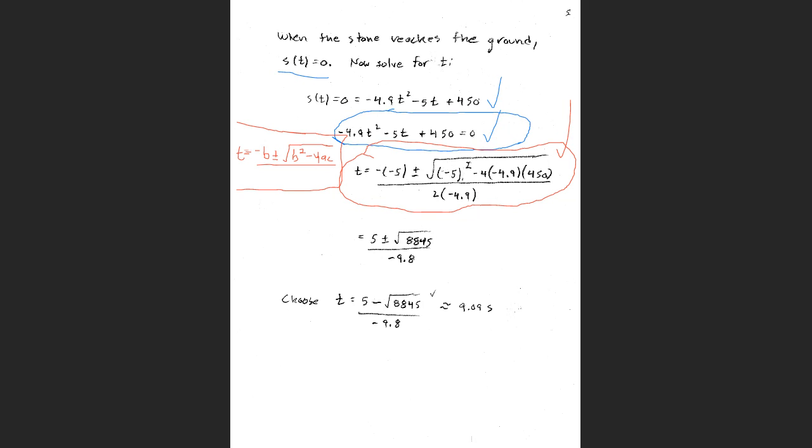Good. So, of course, in our problem, the negative 4.9 is the A. The negative 5 is the B. And the positive 450 is the C. Positive 450, right?